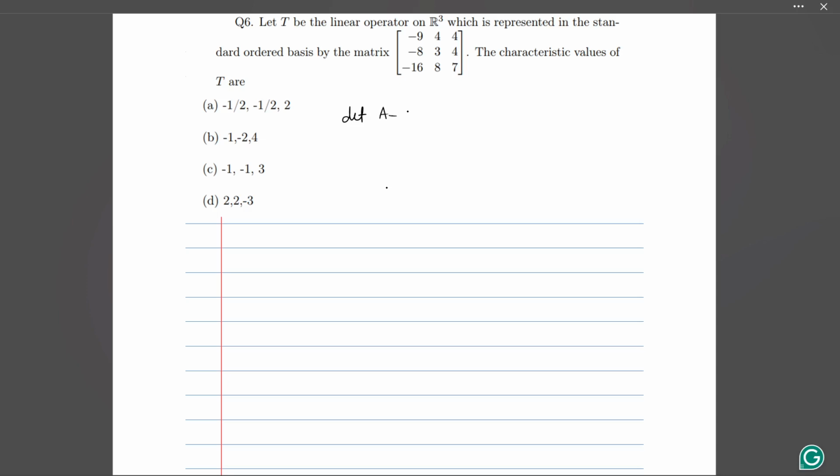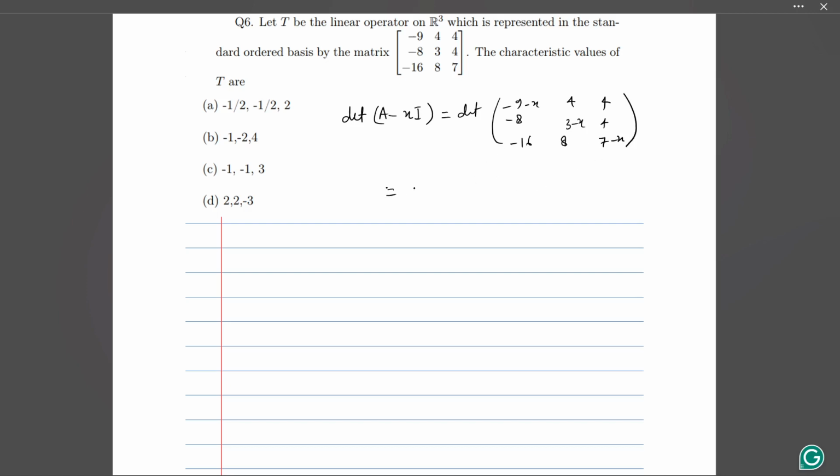What is that? A minus xI. Some people write lambda, it's just a variable, so I'm writing x. So this is the determinant of the matrix minus 9 minus x, 4, 4; minus 8, 3 minus x, 4; minus 16, 8, 7 minus x.